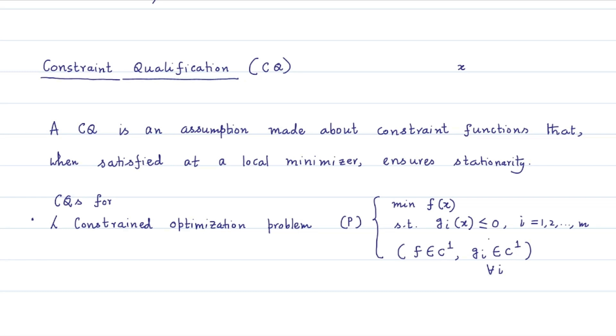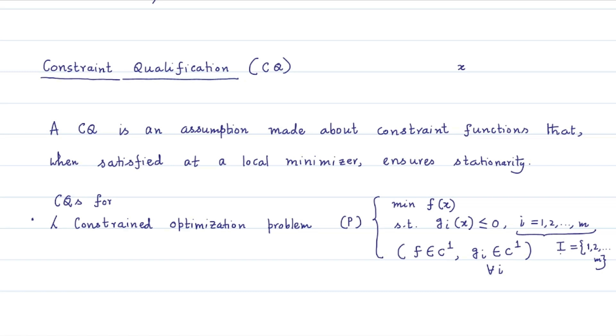Now, as affine constraints pose fewer problems than nonlinear constraints, we partition the set of inequality indices, let's suppose capital I, which is the numbers 1, 2 till m, into two parts: linear indices and nonlinear indices.